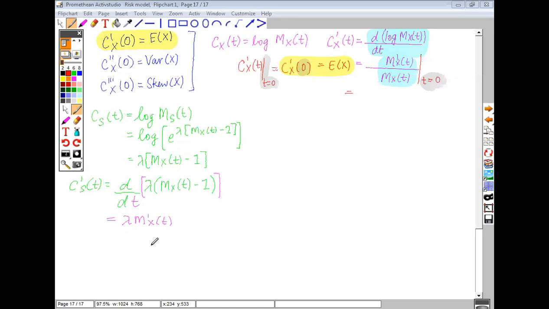So now we are trying to figure out the value for mx prime of t. And I do know my expectation of x. I mean, not exactly, but I know that I can write it as m1, right? And I have this guy here, mx prime t and mxt. So we'll try to see what we can do here.